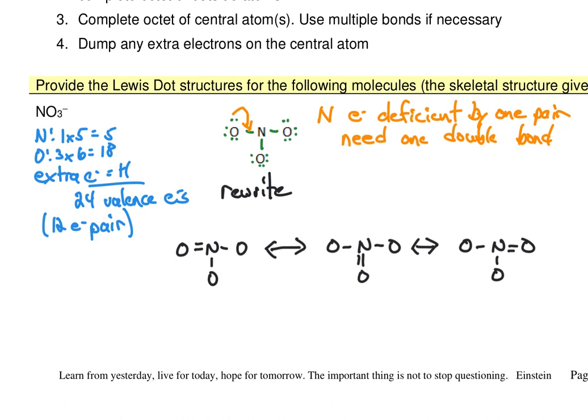Now we can fill in our lone pairs, and we'll see that each atom in each structure has a complete octet. And each of these is an equivalent resonance structure.